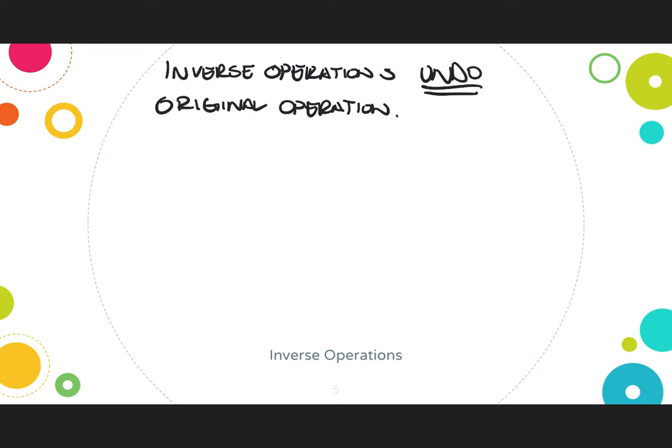Think about your computer. It's that little undo, the little arrow button that goes back, right? Undoes operations. Okay, so I'm going to give you a second to write that into your notes, and then I'll kind of explain myself here in a little bit.